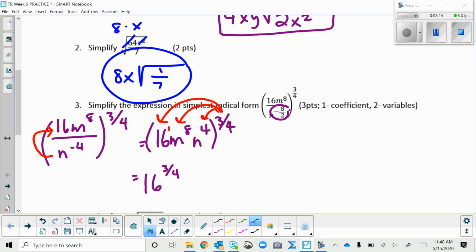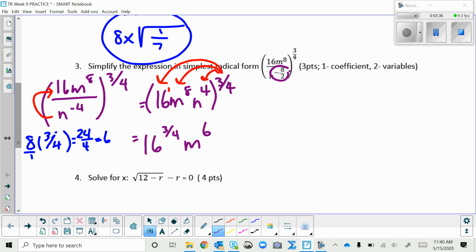M has a power of 8. Coming over here to do some scratch work. 8 times 3/4 is, 8 is over 1, so it's 24 over 4, which is 6. So it's 16m to the 6th.